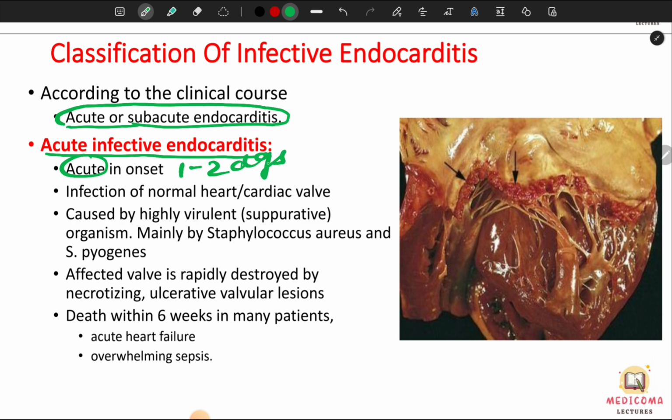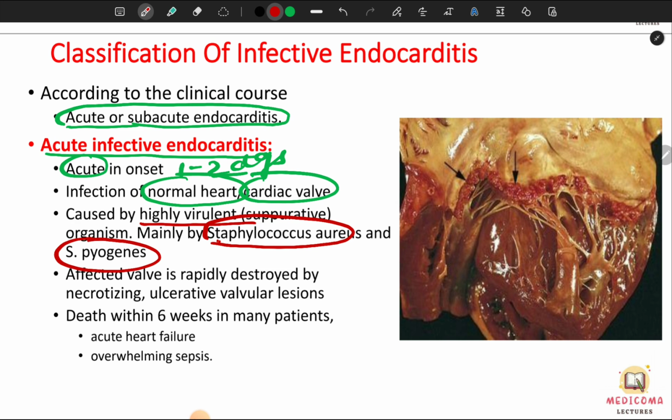The most important point is infection of the normal heart and normal cardiac valves. It can be caused by highly virulent organisms, mainly those which are highly infective. What are those? Staphylococcus aureus and Streptococcus pyogenes.